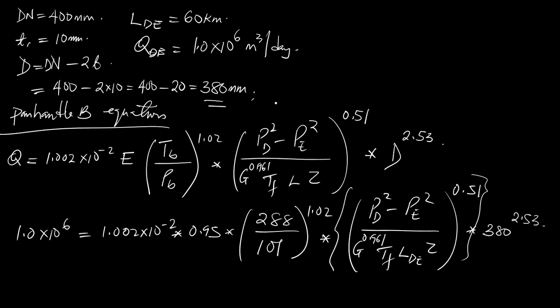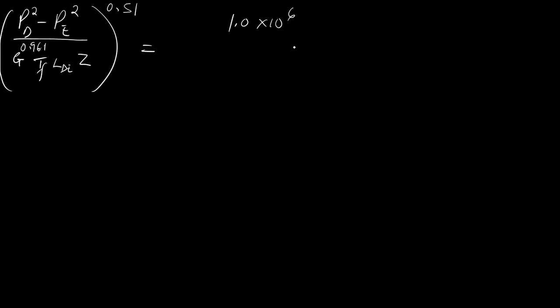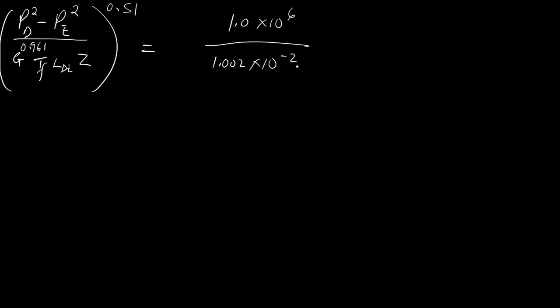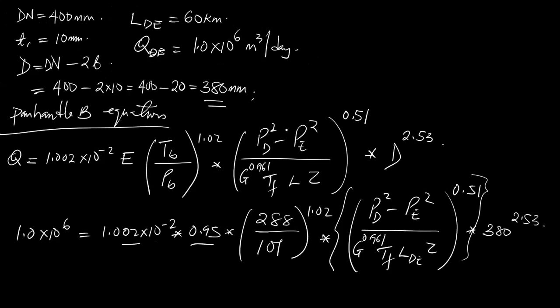Let's see, divide by this. Divide by 1.002 times 10 raised to power minus 2. Divide by this, so divide by 0.95. Now divide by the whole of this.